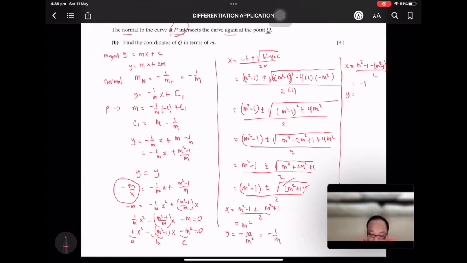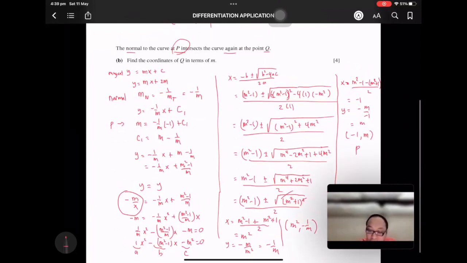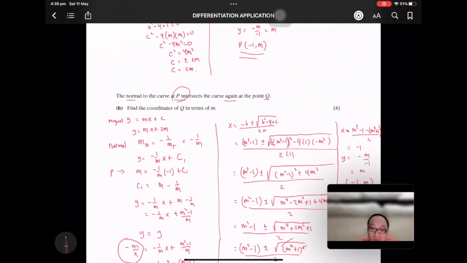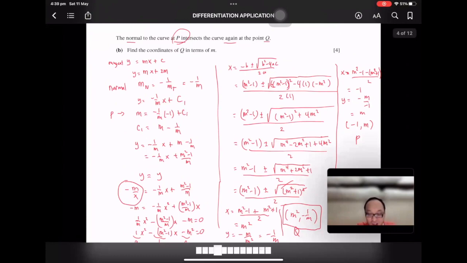So the coordinates are m squared, negative 1 over m. This one I put again negative m over negative 1, so it is m. So the coordinates are negative 1, comma m. Now negative 1, comma m is P. So that means this will be the coordinate of Q.